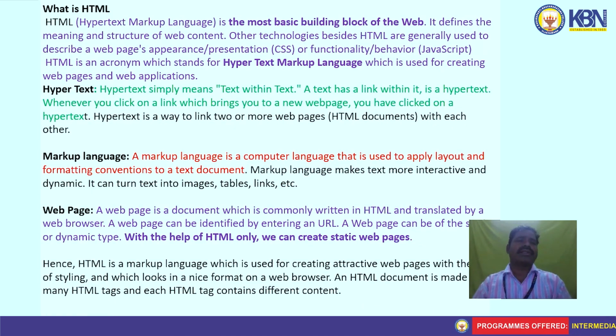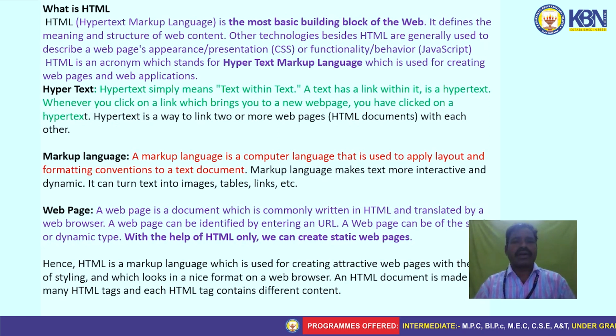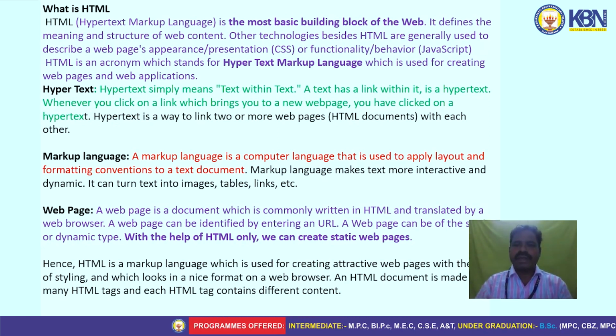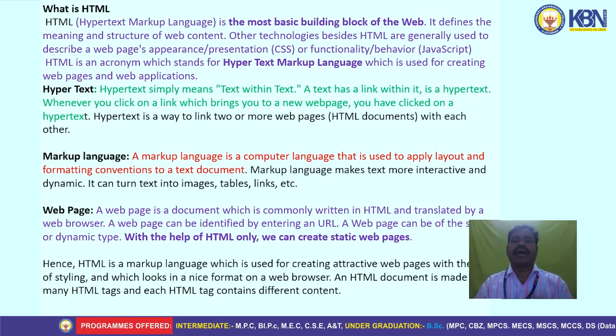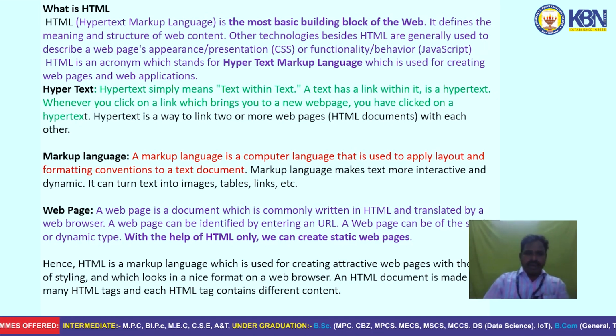Now, discussing what is HTML. HTML full form means Hypertext Markup Language, the most basic building block of the web page. How to create a web page, how to develop web pages. It is a basic language. It is a markup language. It defines the structure of the web content.